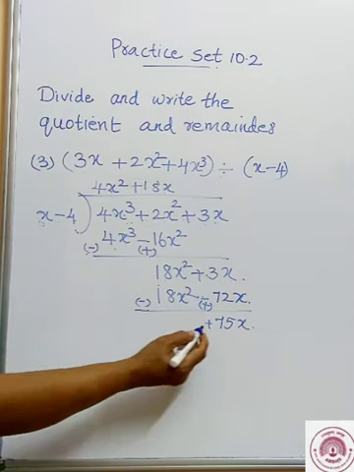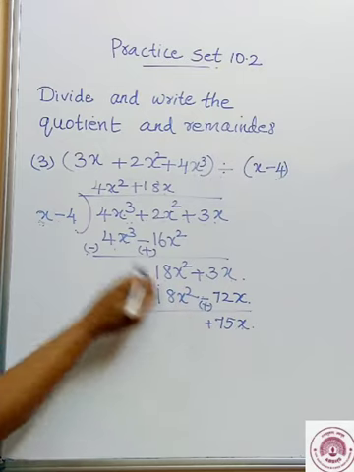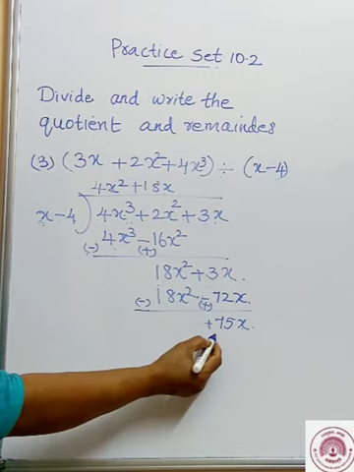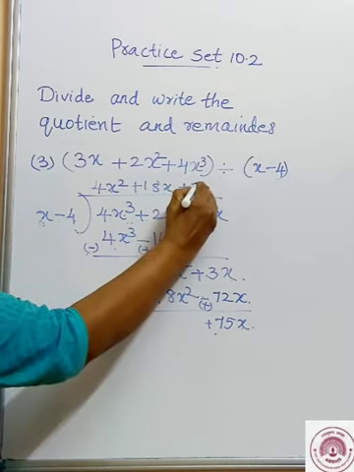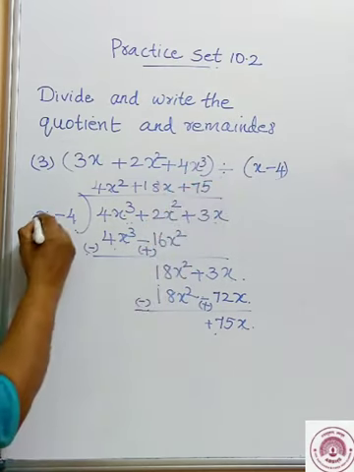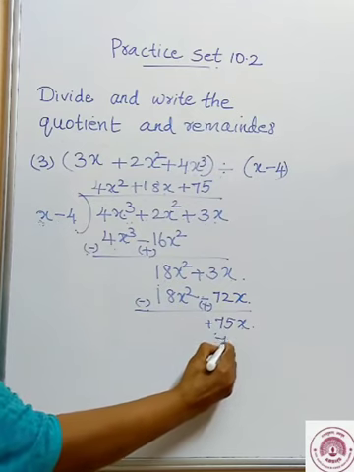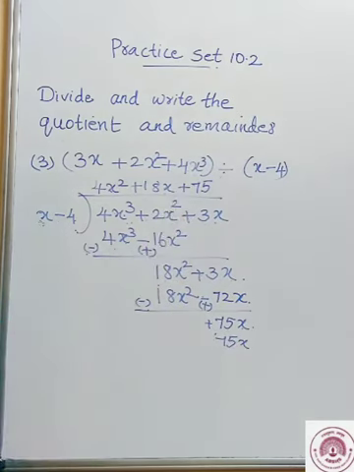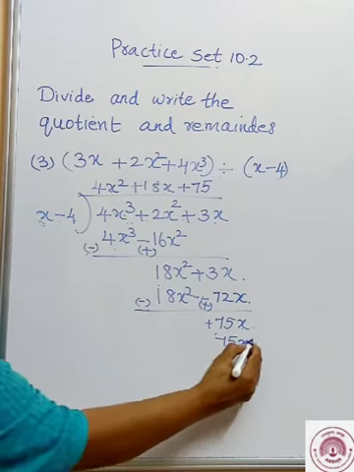Now again 75x, we have to multiply x by 75 to get 75x. So here plus 75. 75 into x is 75x. And 75 into minus 4 is minus 300.